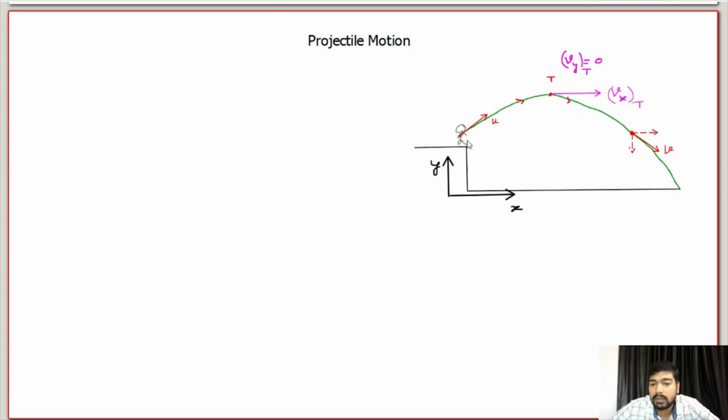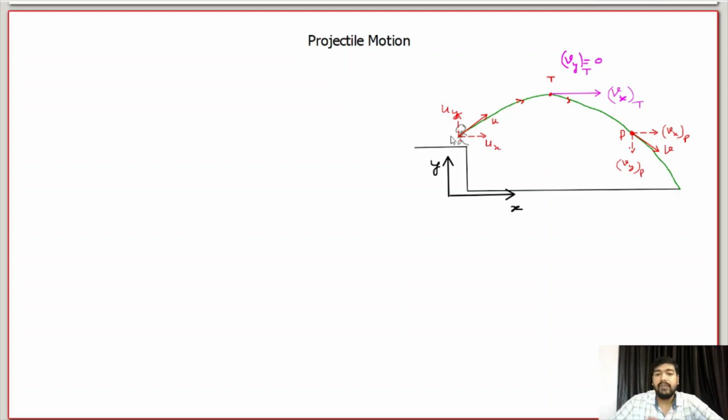Same we can do with the velocity at which it is thrown upward. This is my velocity in the x direction, and this is my velocity in the y direction. Let's name the velocities. This is my ux and this is my uy, because this is the initial velocity, so I'm taking it as u. Here the velocity will be vx. Let's take the point p here. So the velocity here will be vx at point p, and here the velocity vy at point p.